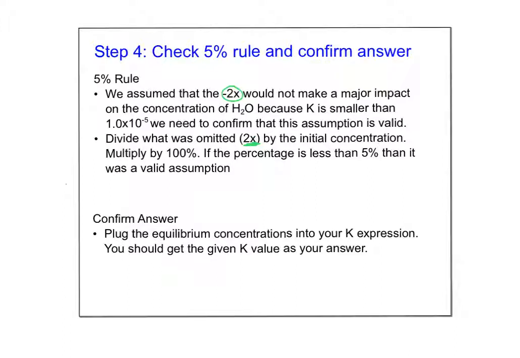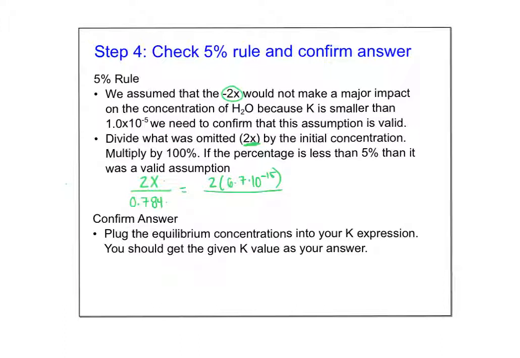So here's what we do. We take the 2x, whatever we omitted, divided by the starting pressure or concentration, which we omitted from, which was 0.784. Basically, I want to check that what I omitted is less than 5% the size of what I started with. Luckily, we know what x is. We solved for that.